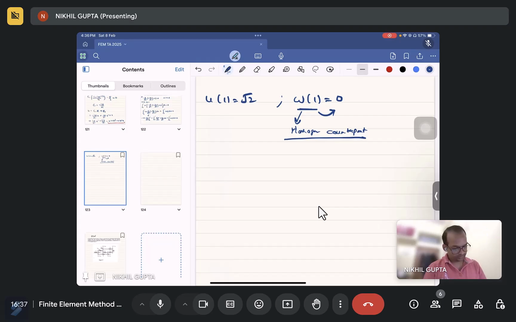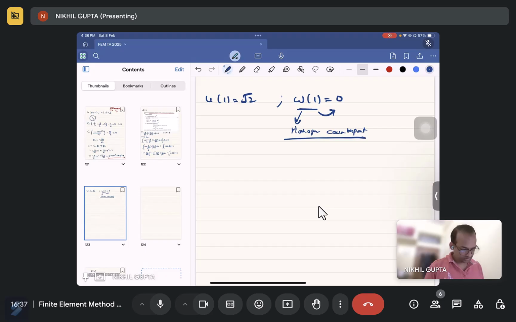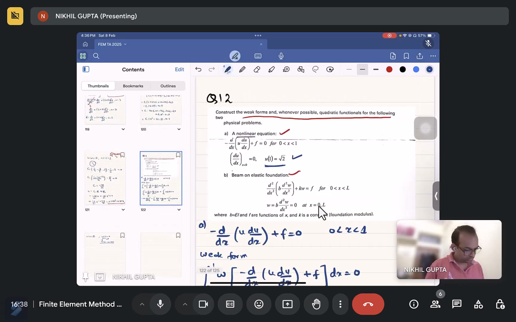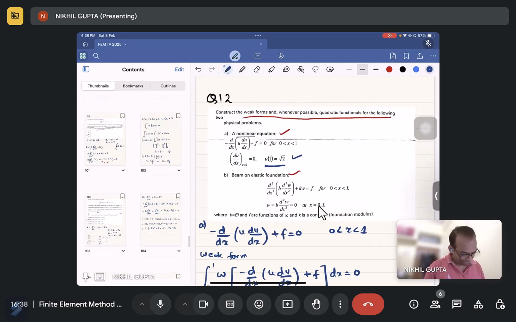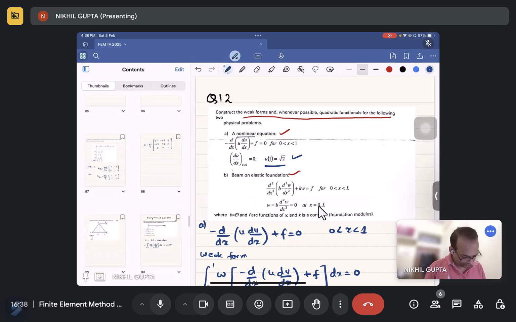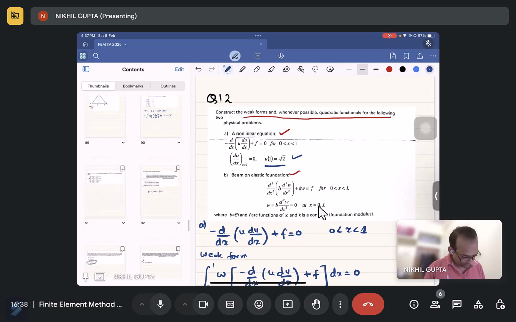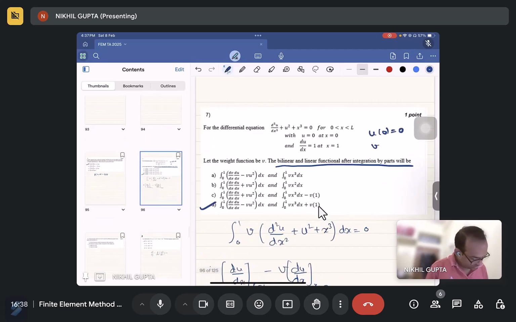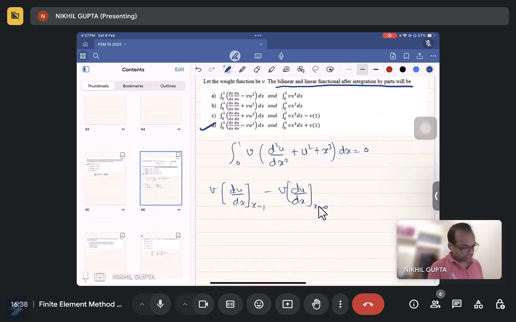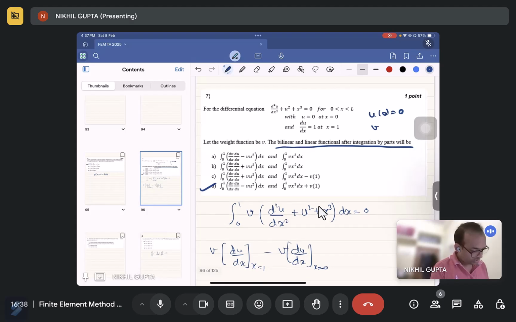But in this question, what I was saying was du by dx at x equals 0 was coming. No, let me check that question, maybe I got the wrong one. Yes, du by dx at x equals 0 is given, so this part is fine.